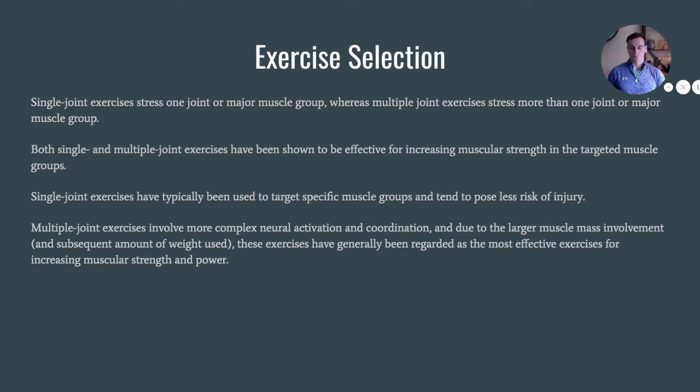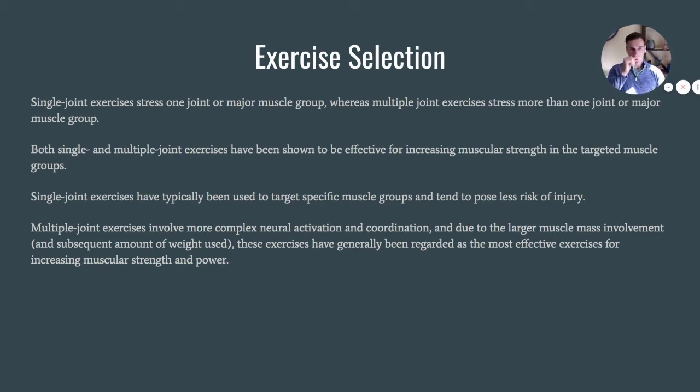Okay, so again, just to give that a little bit more practical application and dig into that a little bit deeper. Single joint exercises, as it suggests, are very useful for targeting a specific muscle group. So when might we use this? Obviously with beginners, where they may not have the coordination needed to perform multiple joint exercises effectively, single joint exercises are a way to still build strength whilst they develop the coordination.